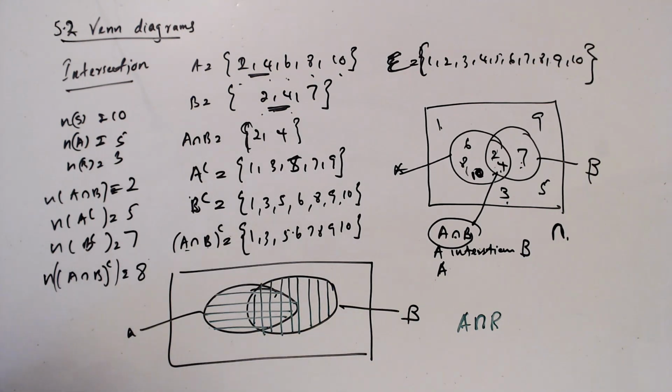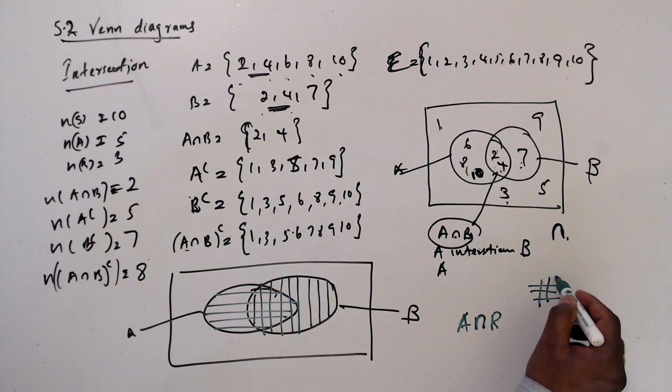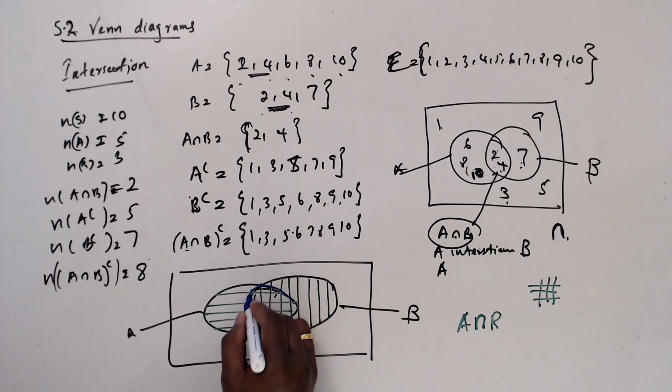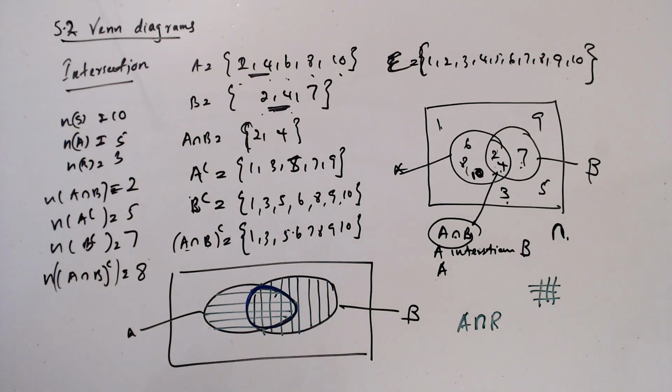Now you have to pick up the area where both patterns exist. Only this area shows both, so this is A intersection B. That's how you find an intersection.